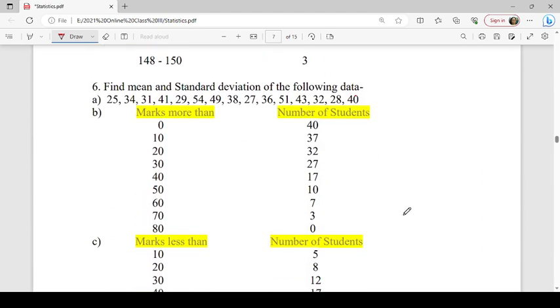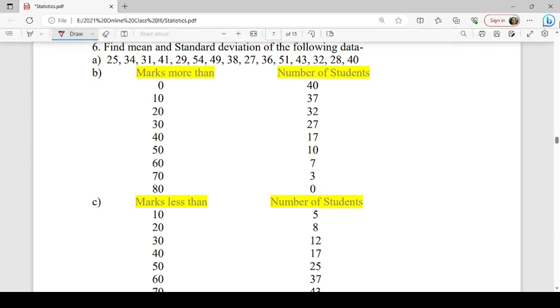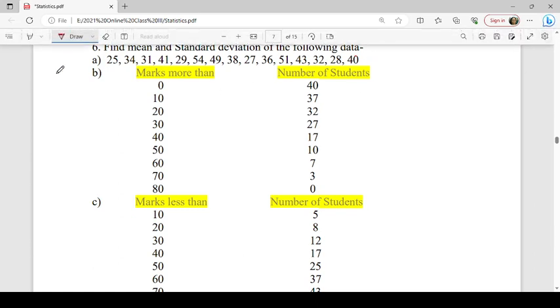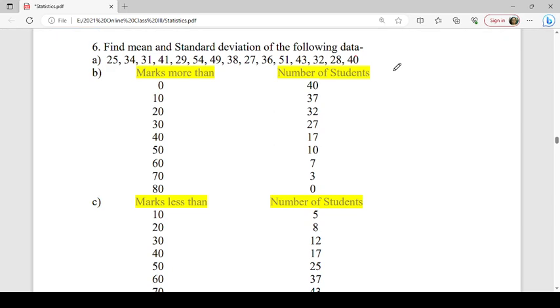Now here, find the mean and standard deviation of the following data. For the mean, this is ungrouped data, number a. So it is 25 plus 34 plus 31, etc. You add all these, then divide by n, which is 15 here.